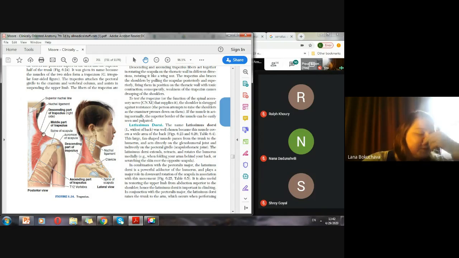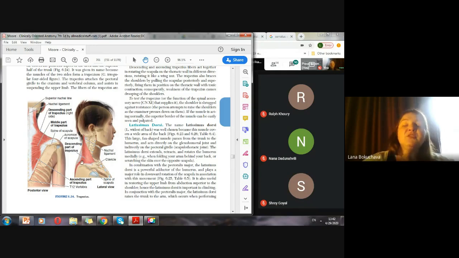direction of the fibers. Again, as you can see, descending from the part even of the occipital bone of the head, the cranium, as well as the cervical region of the vertebrae, going down towards the spine of the scapula, and not only the spine, because here you can see that particularly its distal attachment is very much associated with the spine of the scapula, the acromial part, and even the lateral third of the clavicle.